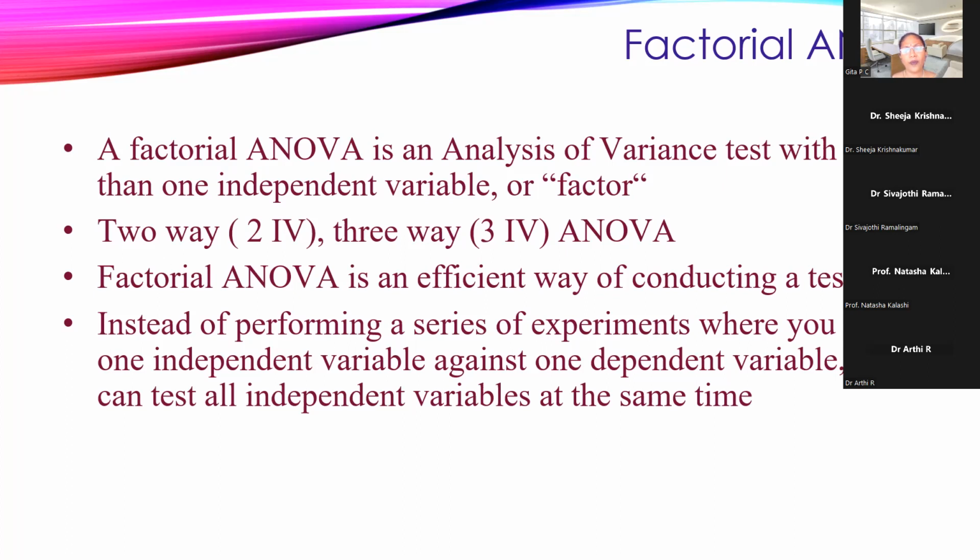Otherwise, I would have to do one ANOVA with treatment and depression, another with gender and depression, and another with age group and depression. Instead of doing different ANOVAs, I am trying to club all my independent variables together. Thereby, I can also see whether there is an interaction between the variables.